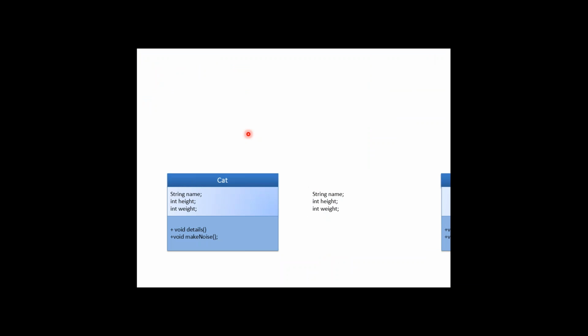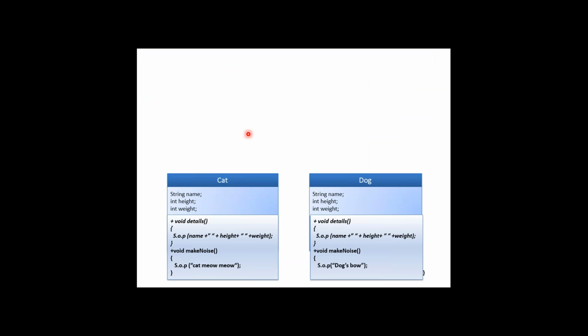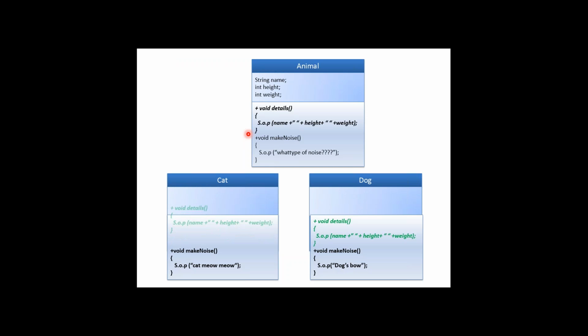Now, another example you have is cat, with void details and make noise, meow meow, and then you've got the same stuff for make noise. Now these have common features, and we are segregating them, putting them in the base class: void details and void make noise.